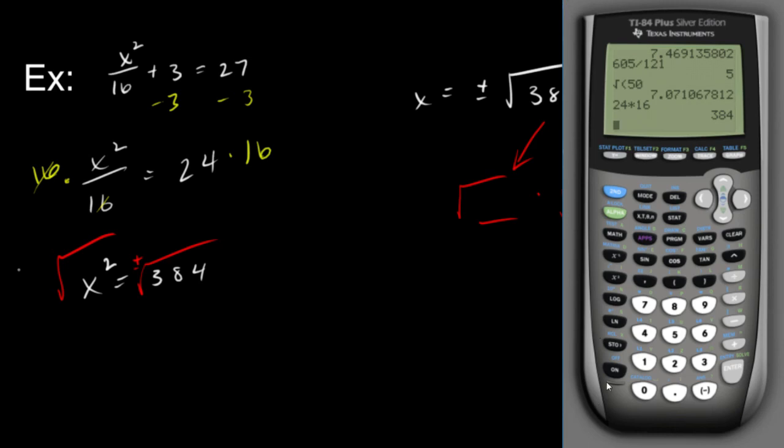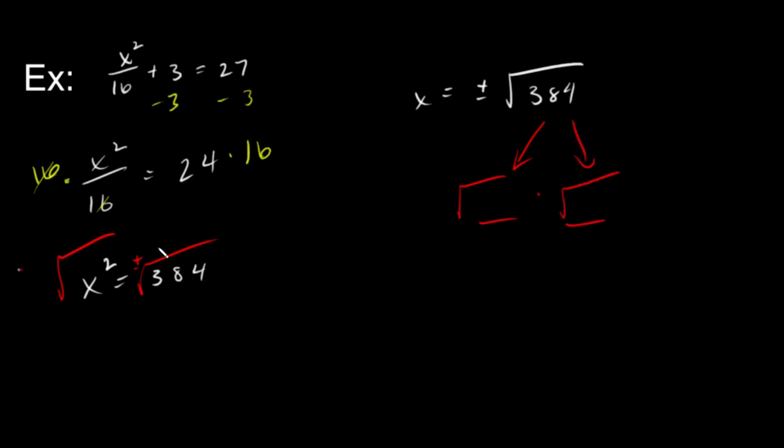So let's do this fairly quickly here. 384 divided by 81, 121, 144, let's see here, 64. 64 and 6. Boom, look at that. Found it. So you want to choose 64 and 6.